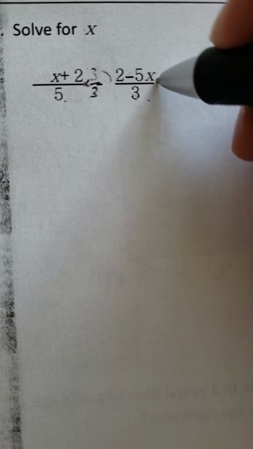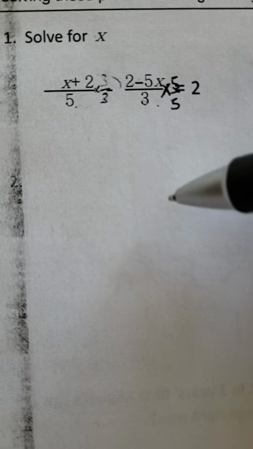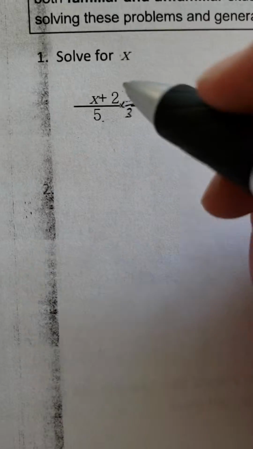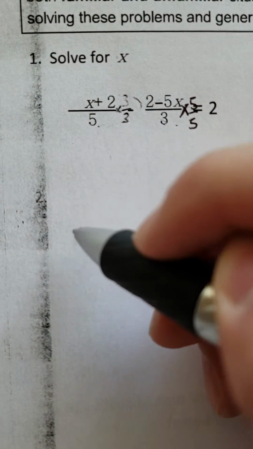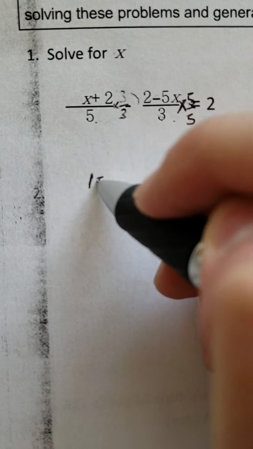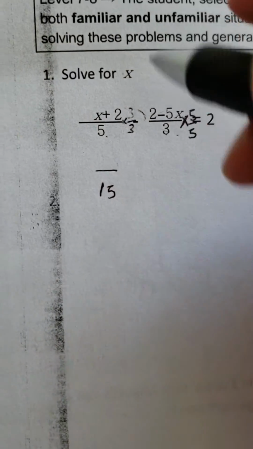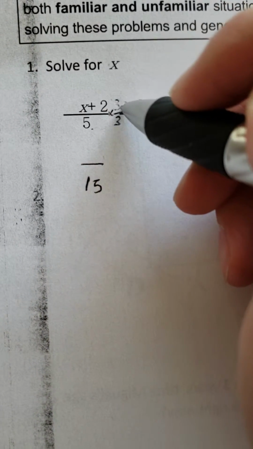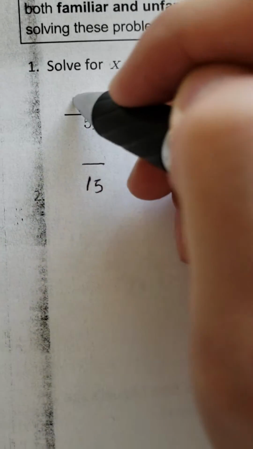So I'm going to multiply by 3 over 3 here to make it into a 15, and I'm going to multiply by 5 over 5 here so that both fractions have a denominator of 15 and we can subtract them. So it's 15 here, and it's 3 multiplied by the whole thing.